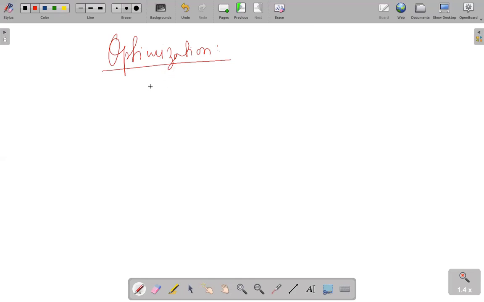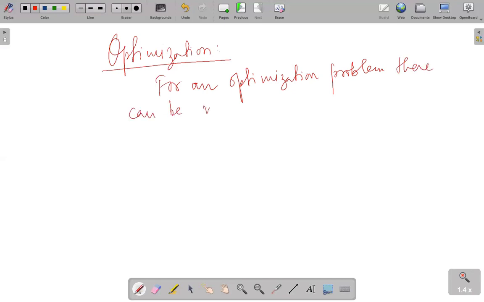So for an optimization problem, there can be more than one candidate solution for an instance.